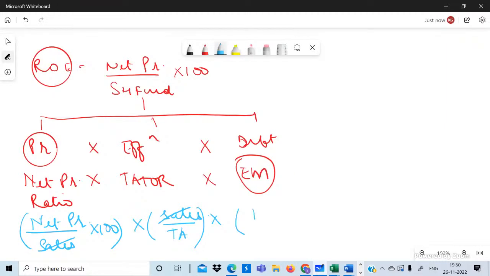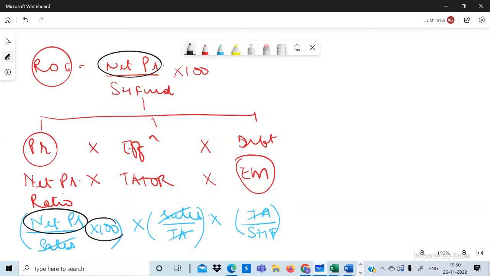Equity multiplier, I'll take total assets in the numerator. So again, total assets and total assets will nullify each other. And equity multiplier is nothing but total assets upon shareholders fund. So again, if I look at finally what I'm getting: net profit, into 100, and a denominator of shareholders fund.